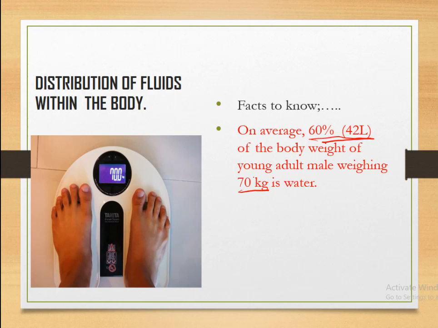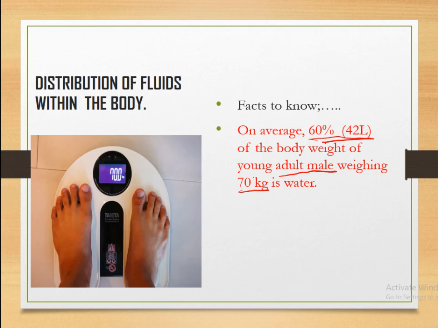Remember, we said a male adult. So there is also a distinction. There is a variety of water in male and female. There is a variety of water quantity in an infant and an adult.